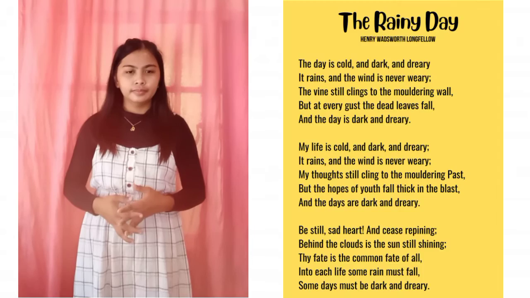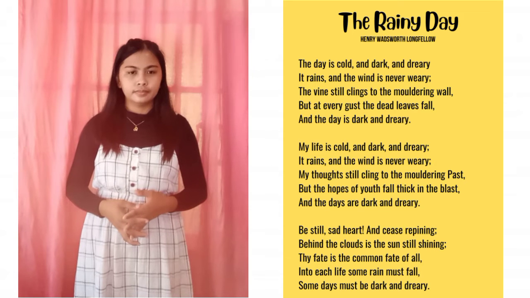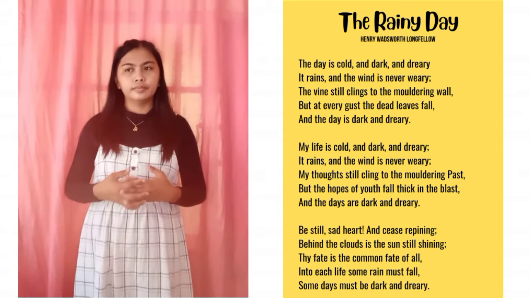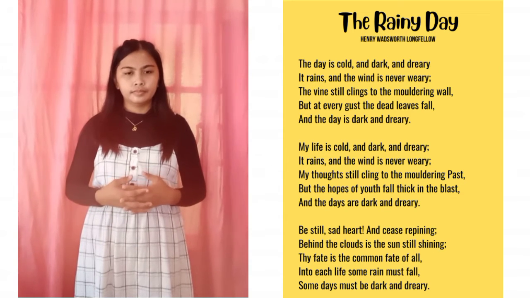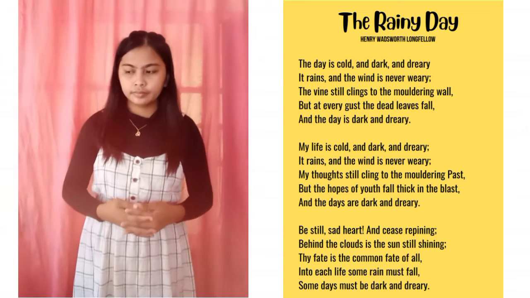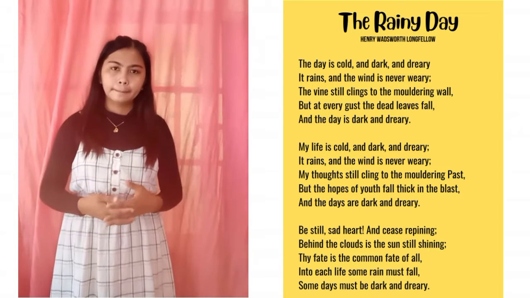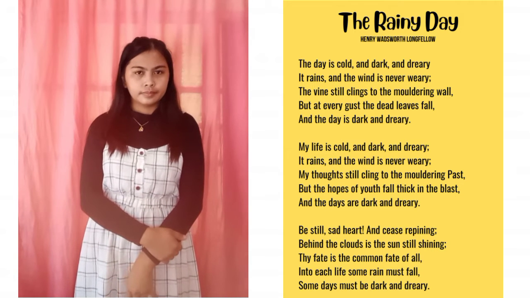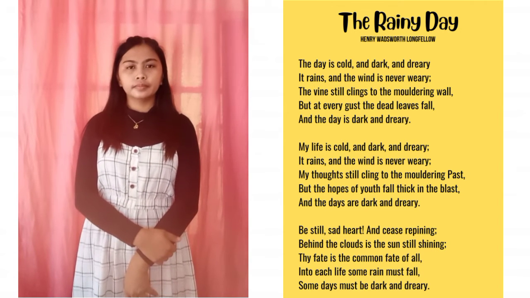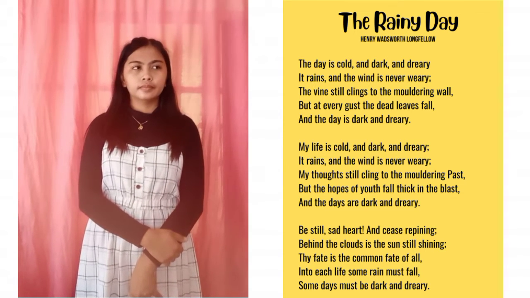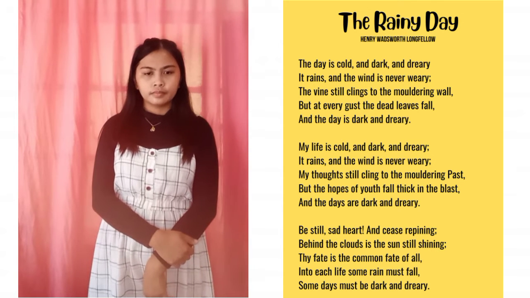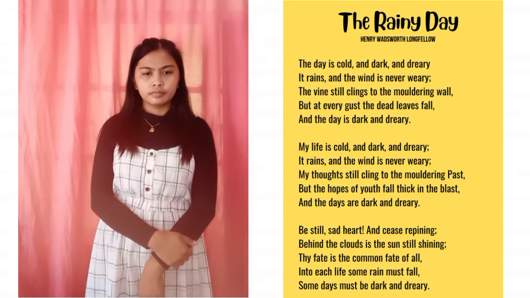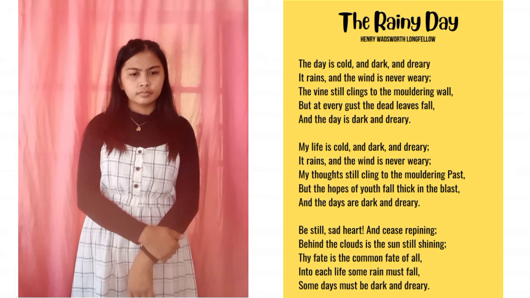Yes, Ma'am. Okay, who can read the poem? The Rainy Day. The day is cold and dark and dreary. It rains and the wind is never weary. The vine still clings to the moldering wall, but at every gust the dead leaves fall, and the day is dark and dreary. My life is cold and dark and dreary. It rains and the wind is never weary.